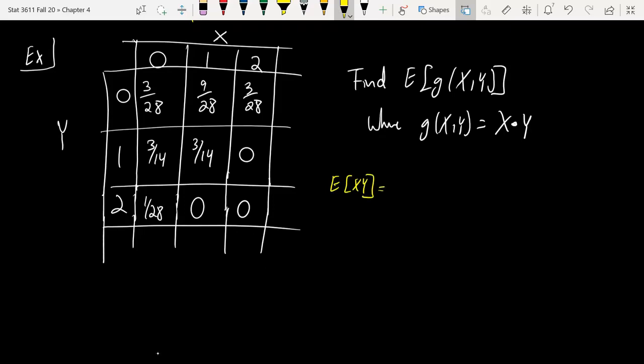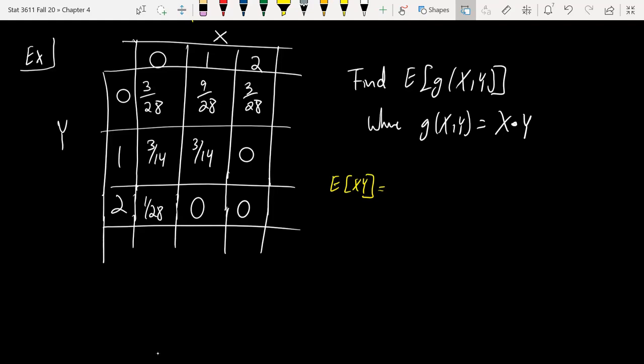We're going to sum all of the x times y values over all possible cases. For example, x times y times the probability that x takes on that value.